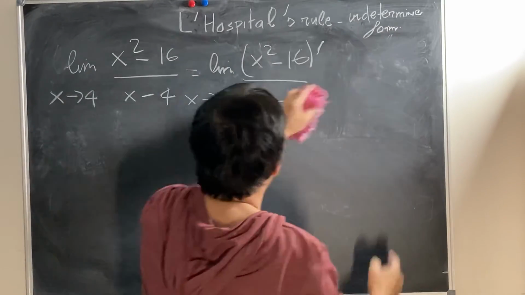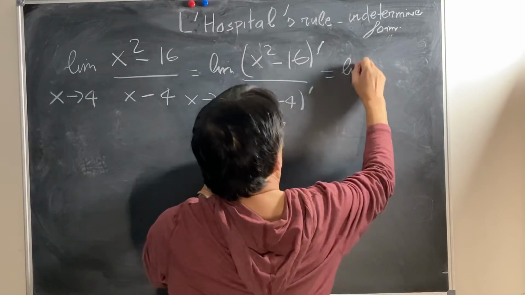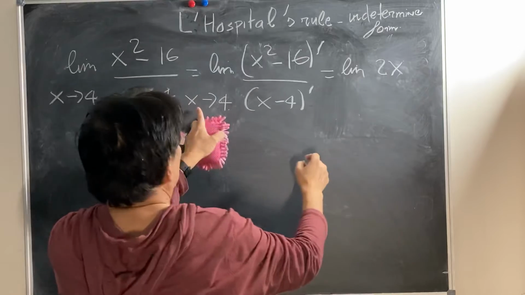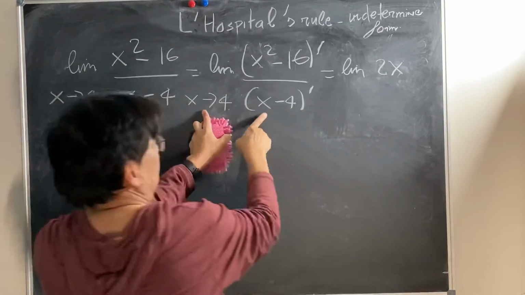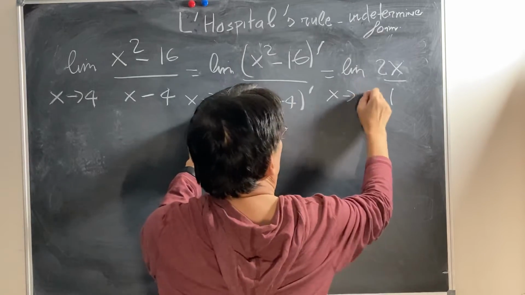The derivative of x squared minus 16 is 2x, and the derivative of x minus 4 equals 1, as x goes to 4.